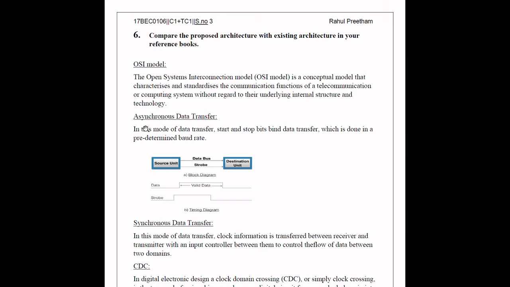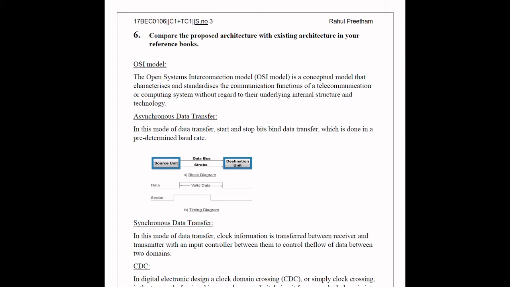Now let us compare the proposed architecture with the existing image processing FPGA architecture system. First of all, it is the OSI model. The Open Systems Interconnection Model, also known as OSI model, is a conceptual model that characterizes and standardizes the communication function of a telecommunication or computing system without regard to their underlying internal structure and technology.